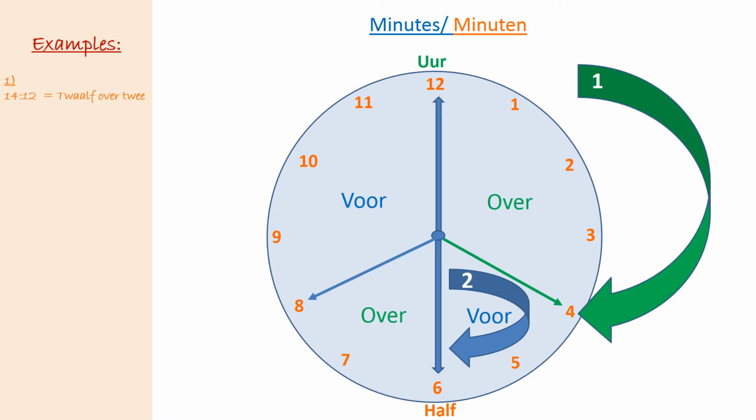But pay attention here, the hour is the one following. Look at the example. 2:25 is 5 for half 3. Another example, 15:25 is 5 for half 4.